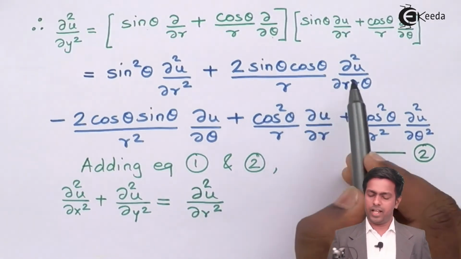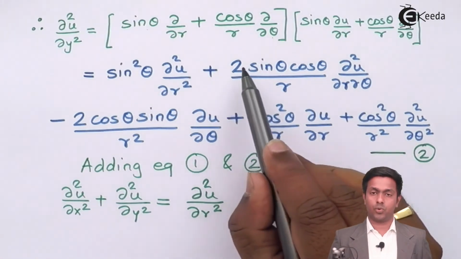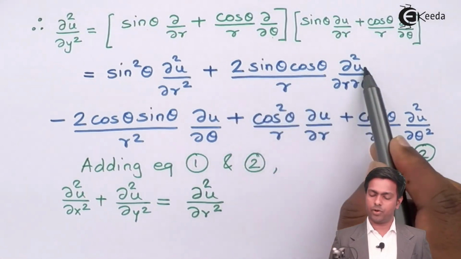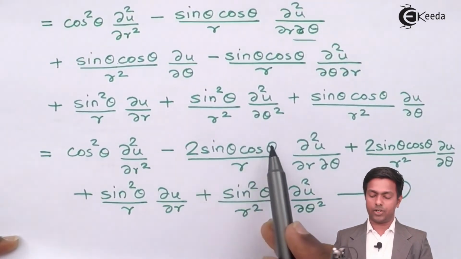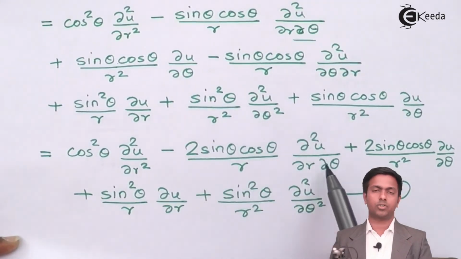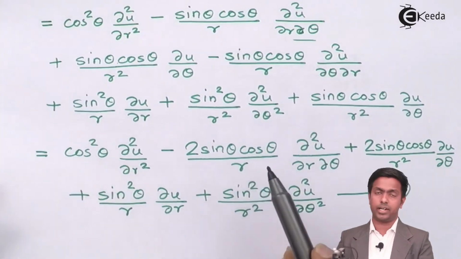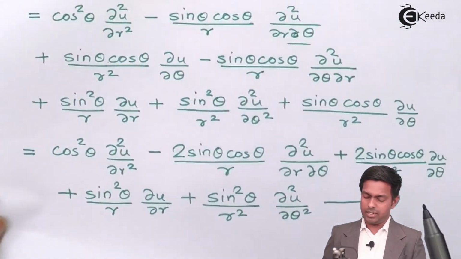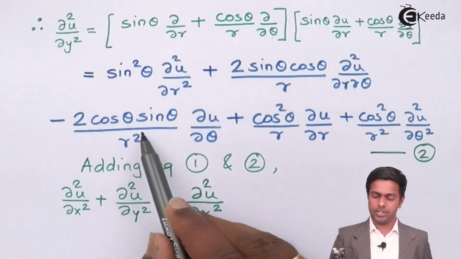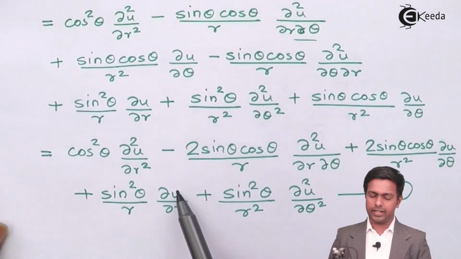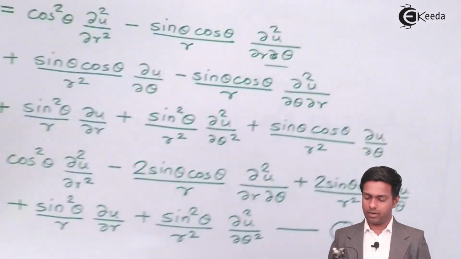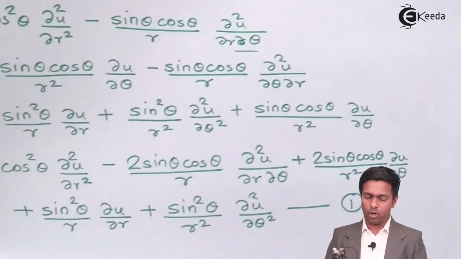Next, here we have positive 2 sin theta cos theta upon r del square u by del r del theta, and here we have negative 2 sin theta cos theta upon r del square u by del r del theta. So these two terms will be cancelled because one is negative and the other is positive. Similarly, this term is positive and here this term is negative, will be cancelled. Next, from third term we can take del u by del r common, then 1 upon r common.